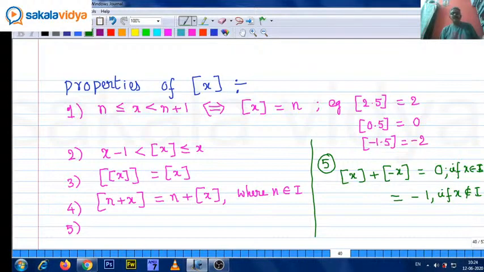Understood now? For example, minus 2.3, you need to write minus 3.